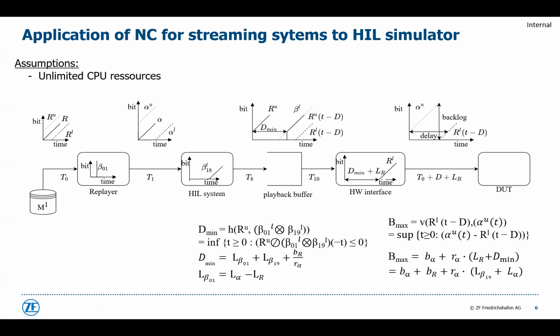So yeah, we performed measurements, and we found out that the replayer behaves like a token bucket server. So it seems to save the data for 100 milliseconds and then pushes out the data with the input rate afterwards.